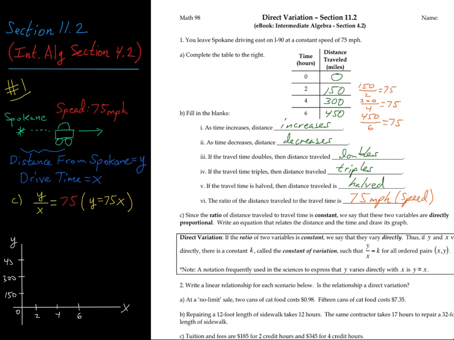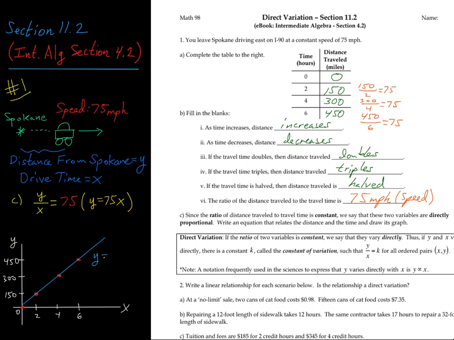We're seeing these points here: 0, 0; 2, 150; 4, 300; 6, 450; and so on. If I draw a nice line through these points, I'm seeing that nice linear relationship, and I'll label it with its equation.